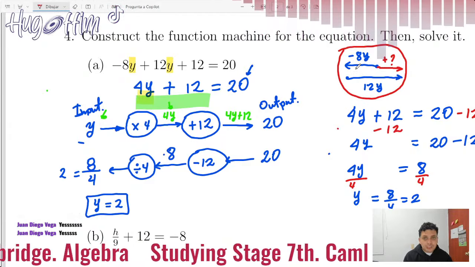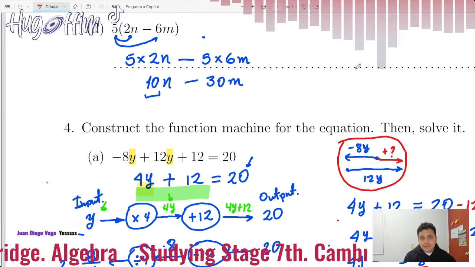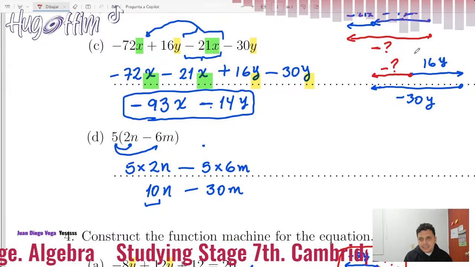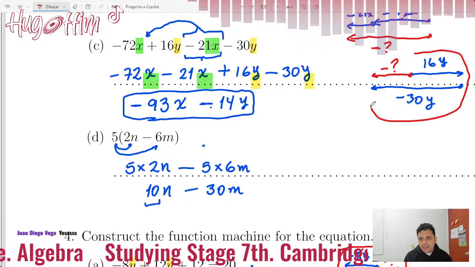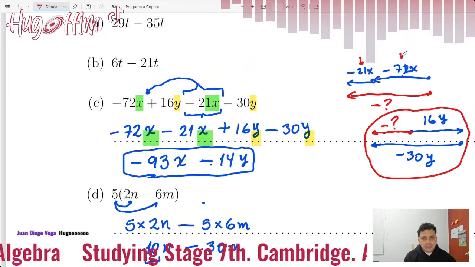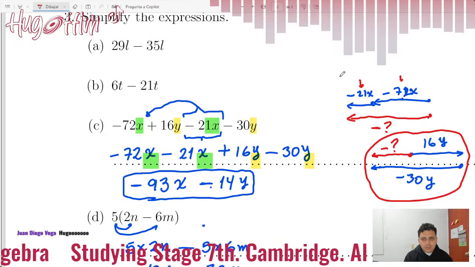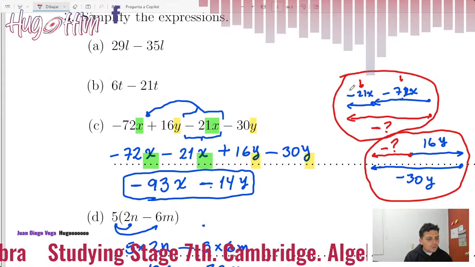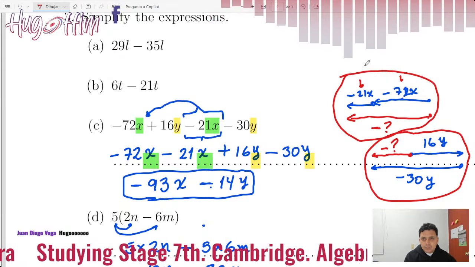In this case, when we operate 16y minus 30y, you operate integers. And in this case, when you did minus 21x minus 72x, you use integers. So we also work out on integers.